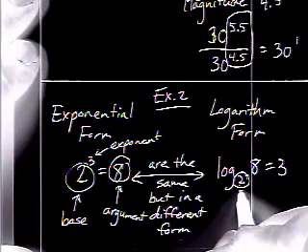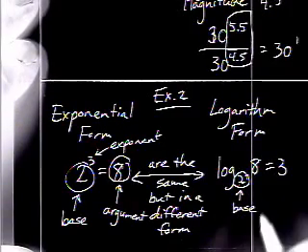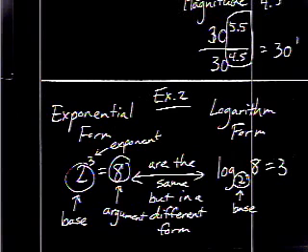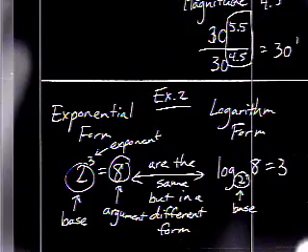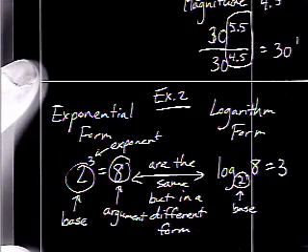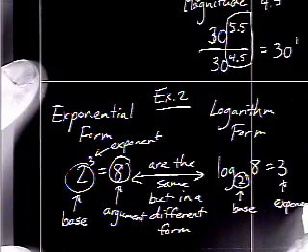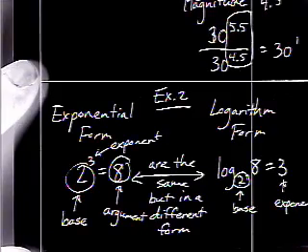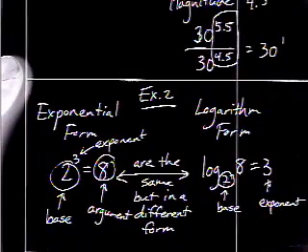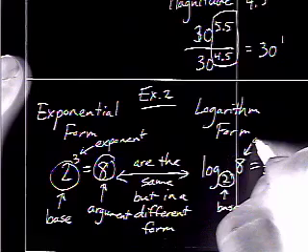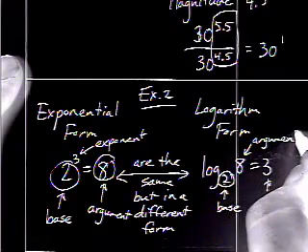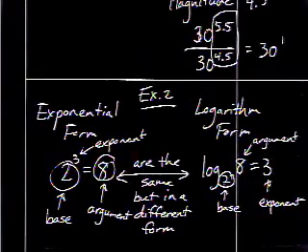So the base of the logarithm is written on the log side as a subscript. You notice that I've written a smaller value below the level of the line where the log and 8 sit. Over here's your exponent. And right here is your argument. So we can change things back and forth.